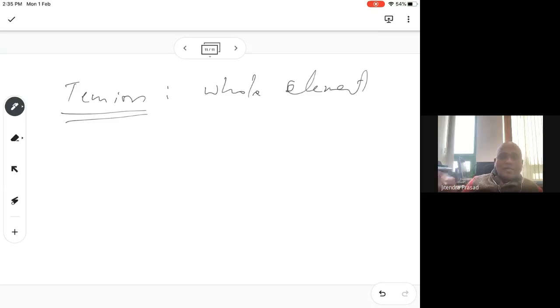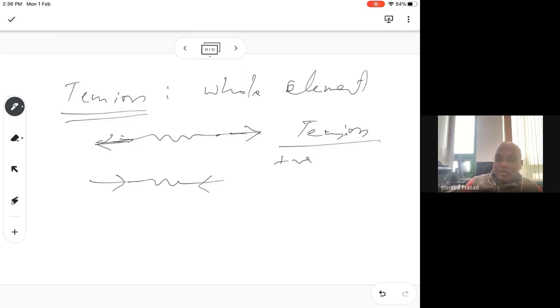It's a tension in one element, like tension in the rope. That really means the force on this side is going like this, the force on this side is going like this. You call it tension here, and this tension is positive. And if you have forces like this one, it is called compression, and this is taken as negative.